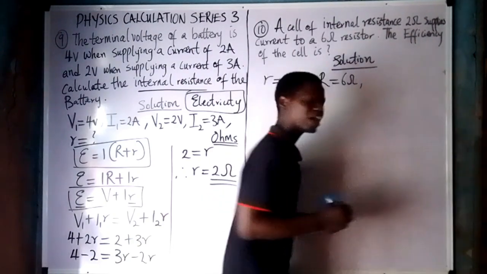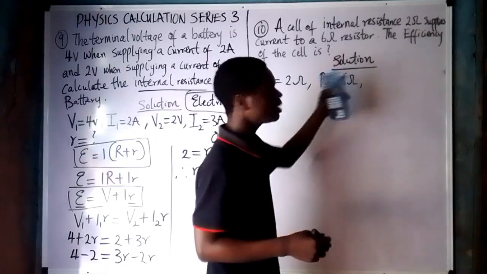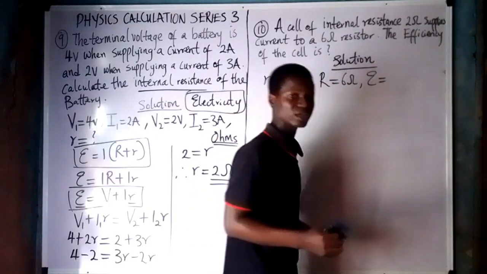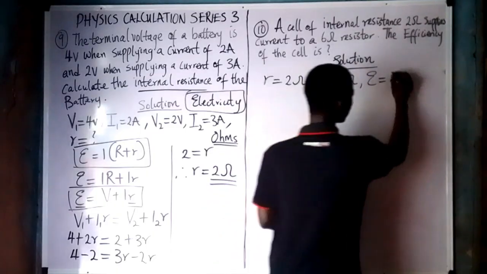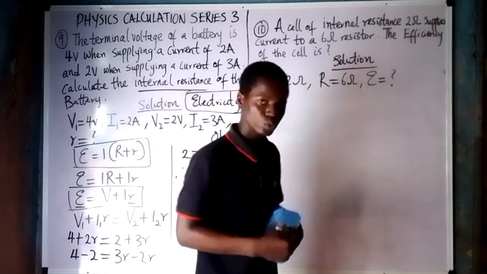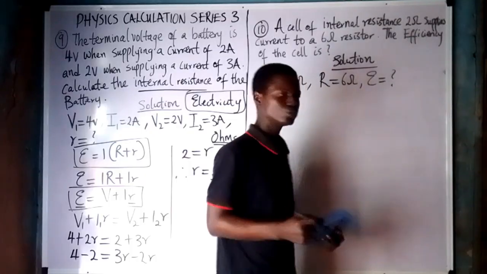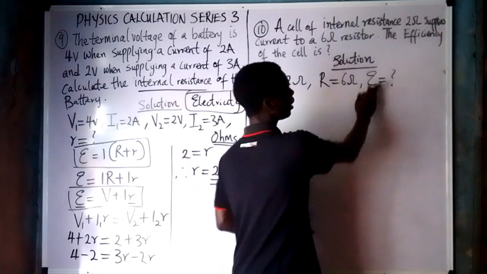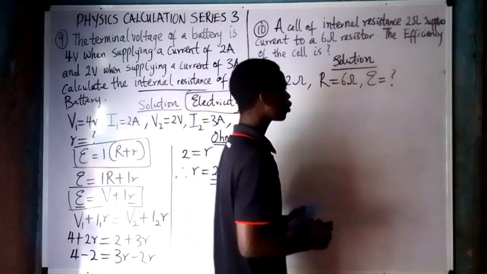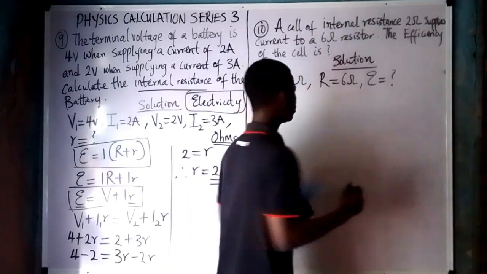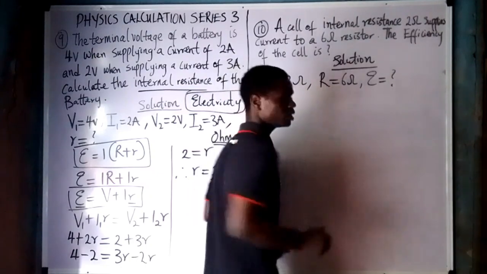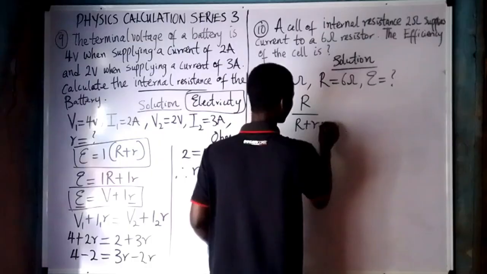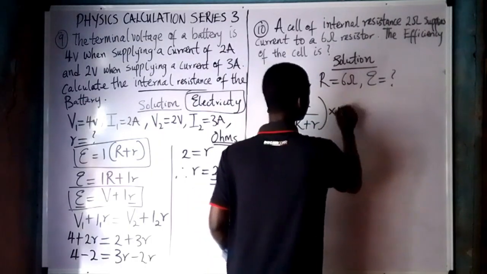Now we are asked to find what? The efficiency of the cell. So efficiency in this case is unknown. So what do you think we can actually do if we know the internal resistance, the external resistance, and our efficiency is unknown? Now when you are comparing resistance, the formula to use to get your efficiency is going to be big R over big R plus small r, whatever you get from this, times 100%.